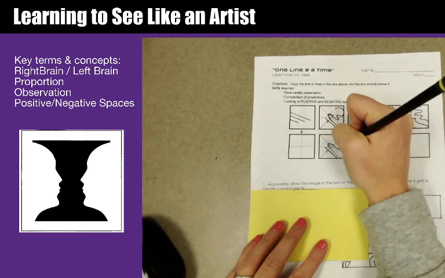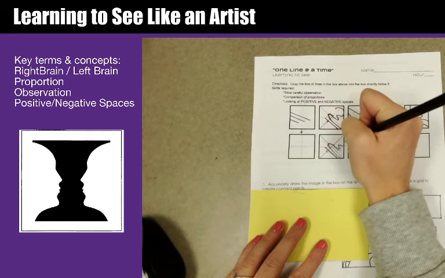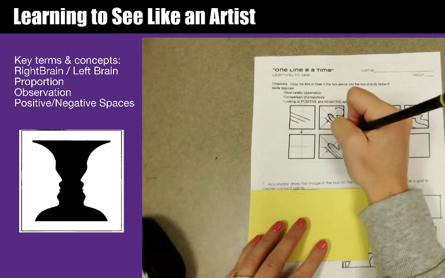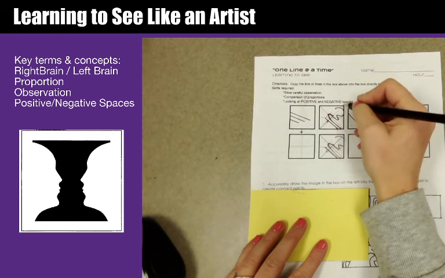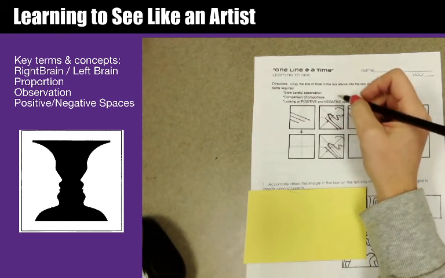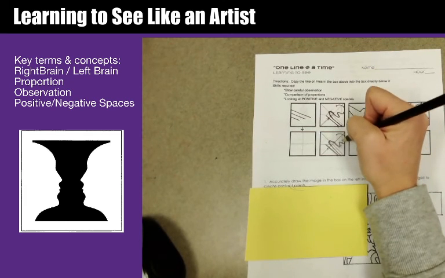So if you really want to practice learning how to see like an artist sees, you have to slow down and step back and use some of these probably new to you techniques that require some patience and concentration.